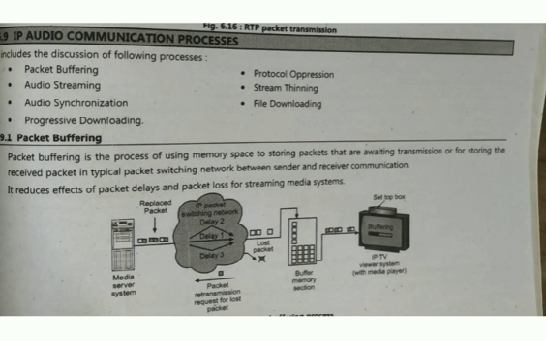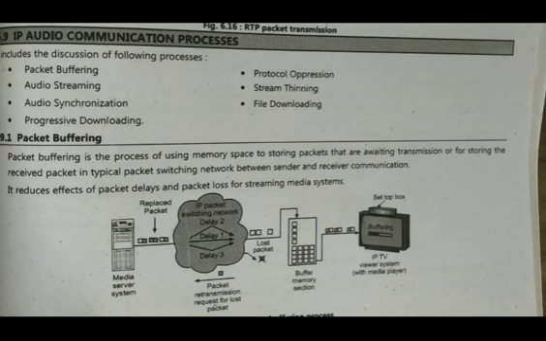This is what IP audio communication processes means, for the purpose of communicating the IP audio packets: packet buffering, protocol operations, audio streaming, stream thinning, audio synchronization, and after that file downloading and progressive file downloading also. Now let us see one by one in detail.